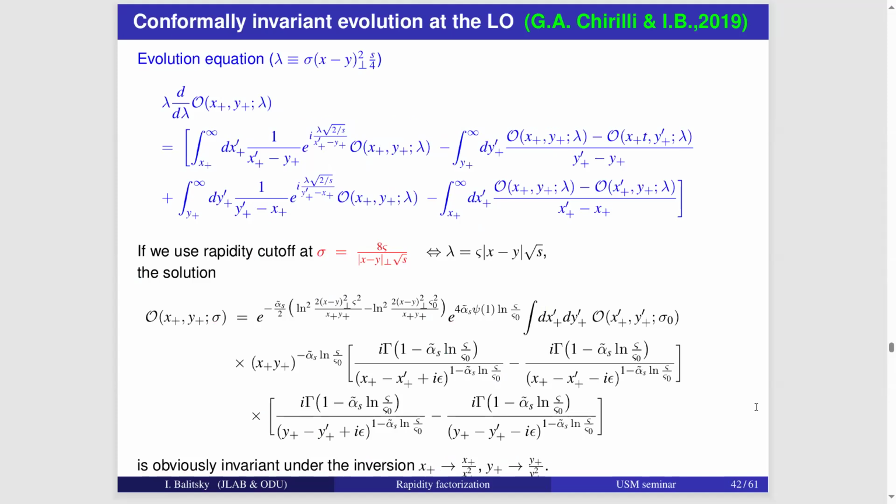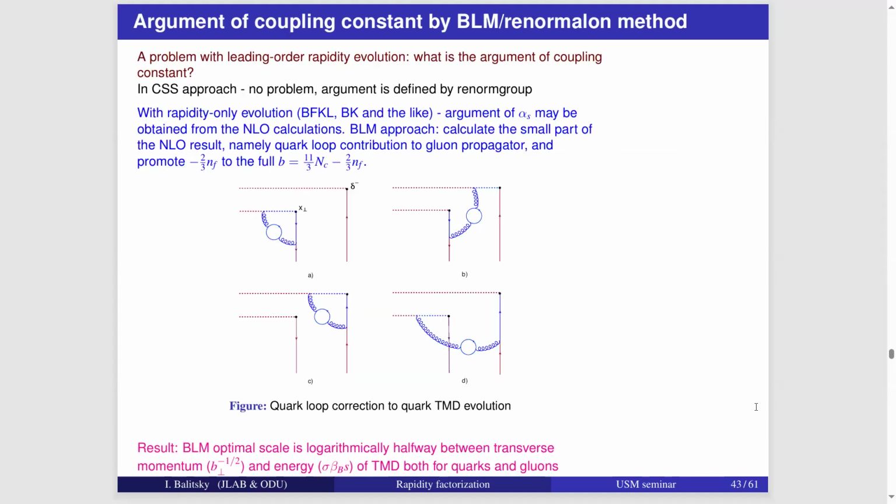Alpha S of what? To find the argument of the coupling constant, we again turn to the BLM approach, and the result is that the BLM optimal scale is logarithmically halfway between the transverse momentum and the energy of the TMD.